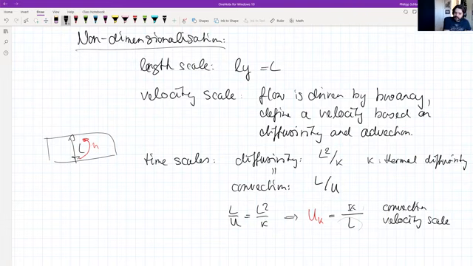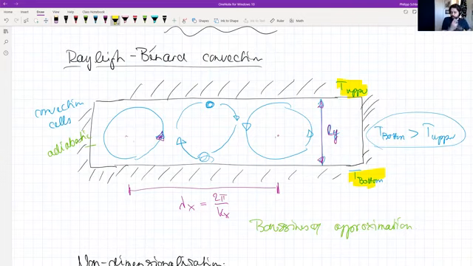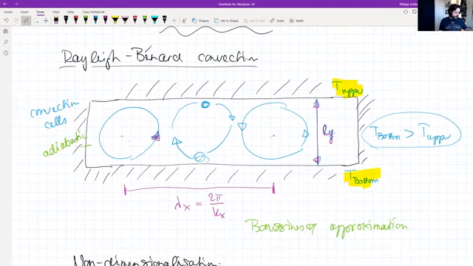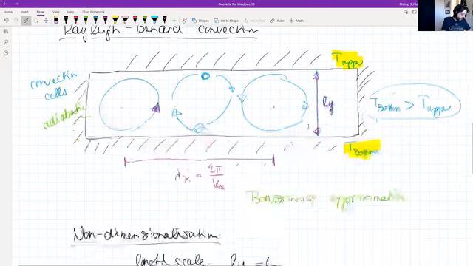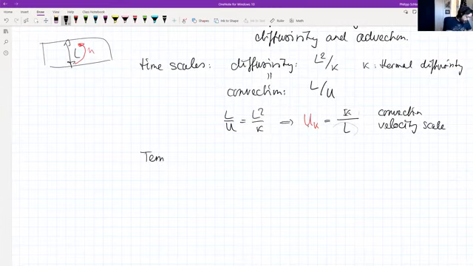Unfortunately, we're not there yet, because for the Rayleigh-Benard case, there is a third quantity that we need to non-dimensionalize, and that is the temperature. We have T bottom and T upper as two physical temperatures in Kelvin or Celsius or whatever. So we somehow need to find a way of non-dimensionalizing that. For the temperature, the typical way is to use the delta T between the two walls as the scale.